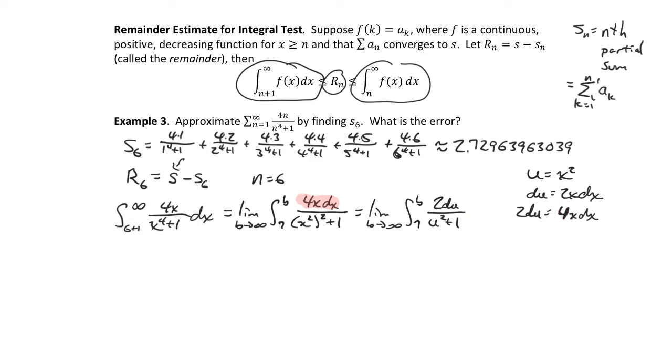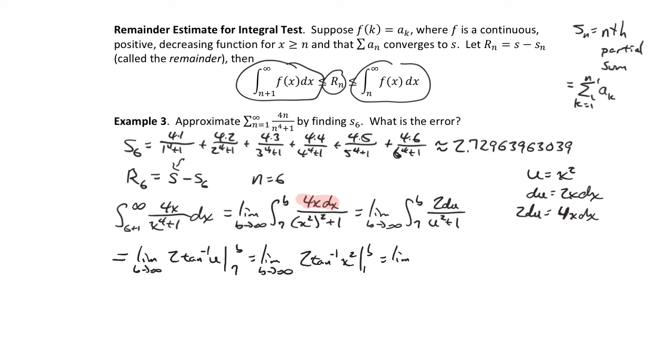So we're going to end up with the limit as b goes to infinity of 2 times the inverse tangent of u from 7 to b. We have to resubstitute before we can do anything else. u is x squared, from 7 to b.